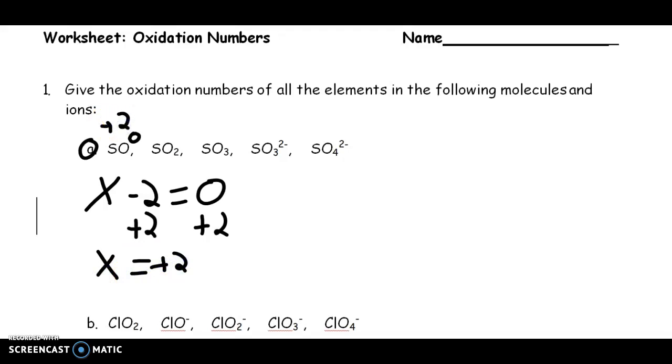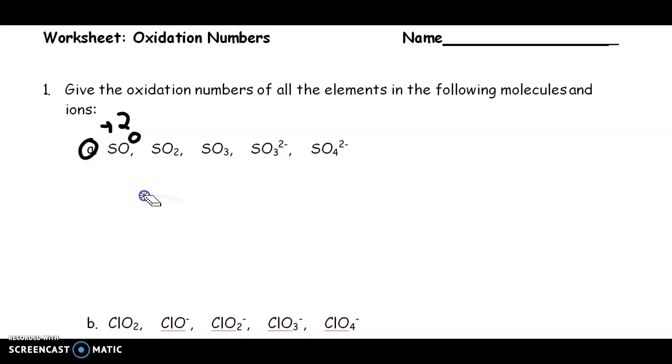Now let's look at another guy. So here we have SO3. Let's do this one. Again, there's no charge up here, so it's implied 0. So we're going to set the whole thing equal to 0. Each oxygen has a -2 charge, and there's 3 of them. I know there's 3 because there's a little subscript 3 by the oxygen, so I'm going to write -2 3 times.